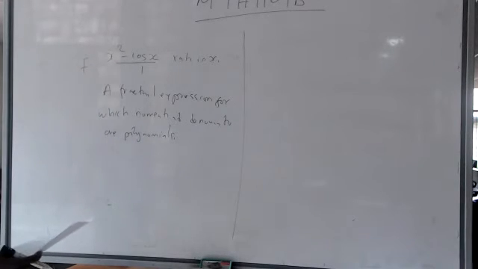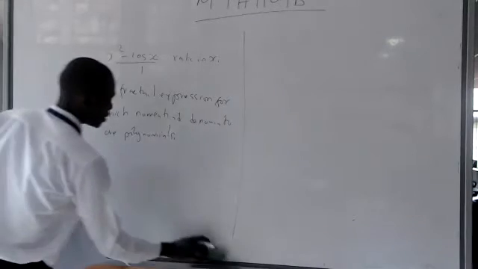Wait, so I have a question. In the question you have to show whether it's true or false, and then you justify. So by justification, you mean we explain why it's false? Yes.